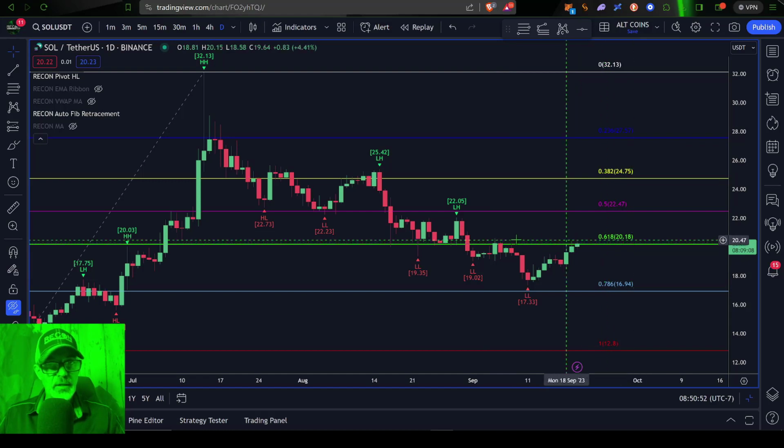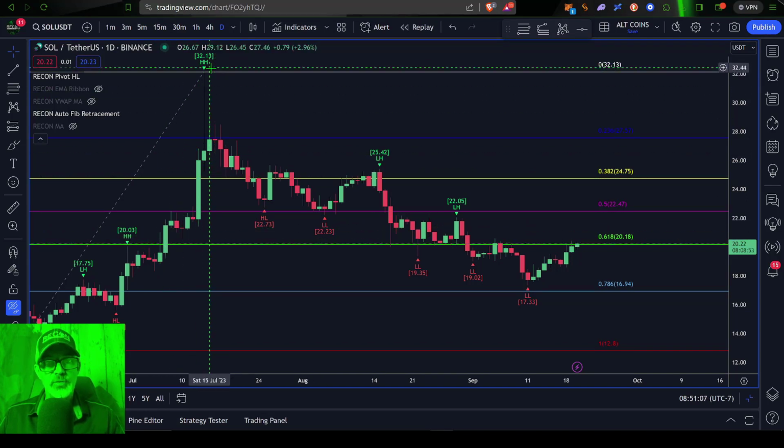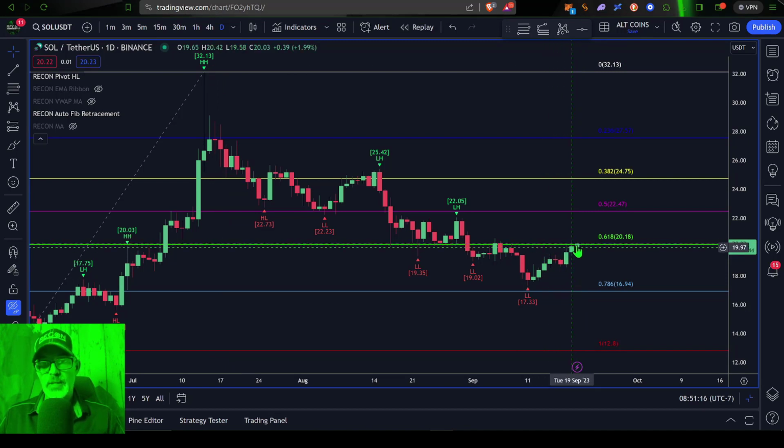But this $20 level was resistance here, and if we look back even further and check our six, that level was resistance back in this zone as well until it wasn't, and SOL's price broke out towards that higher high of $32. So if SOL can break above this level, close above this level, then the price could be ready to pump towards the top side.